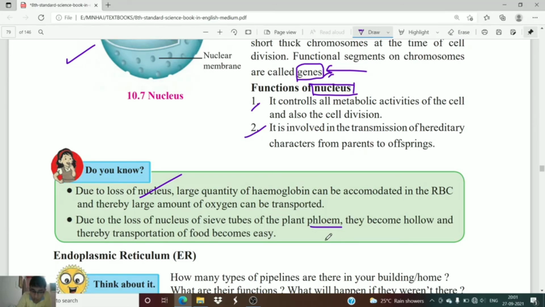So if the nucleus is lost from the cells of these tissues, they will become hollow, and food can be transported very easily within the plant. Okay, so these are some interesting facts about the nucleus.